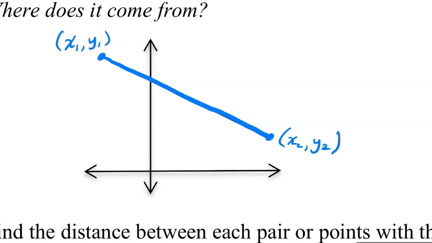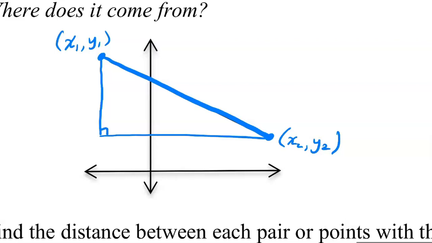Now, if we wanted to find the length of that line, or the distance from one point to the other point, we could form a right triangle and find the lengths of those sides.